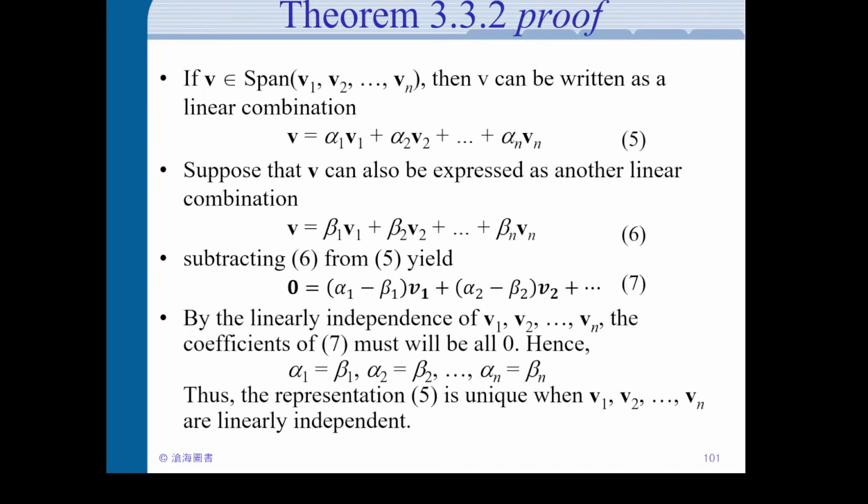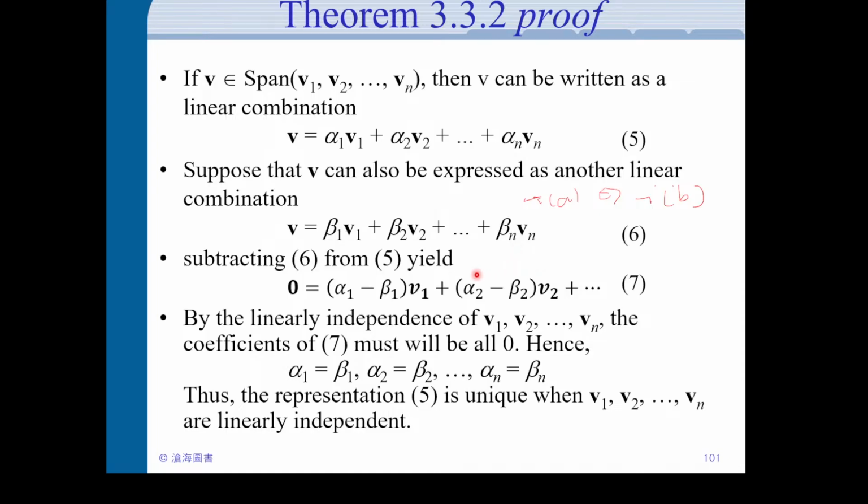The first thing we'll do here is not A to not B. So we assume that our linear combination expression is not unique. Our v can be written as a linear combination with alpha, and it can also be written as a linear combination with beta.